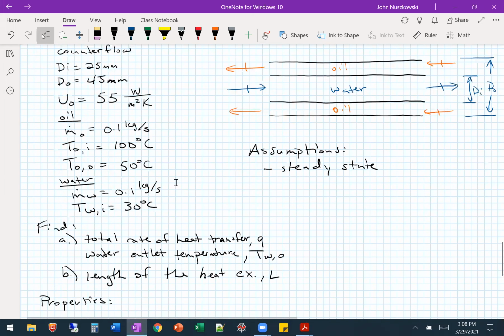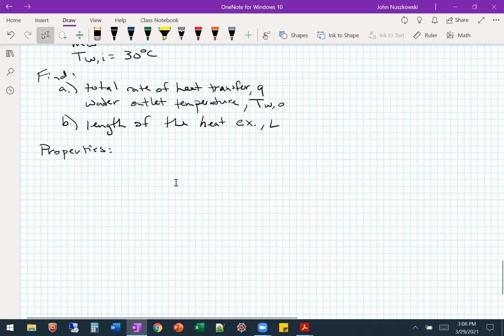Okay, so properties. They gave us a whole bunch of properties, and I'll do that in a table here. So we have water, oil.